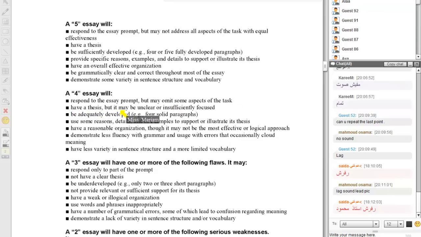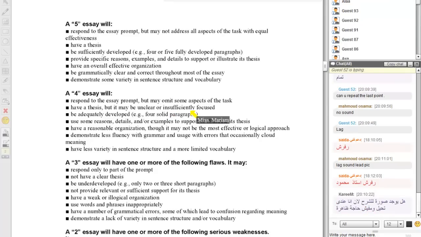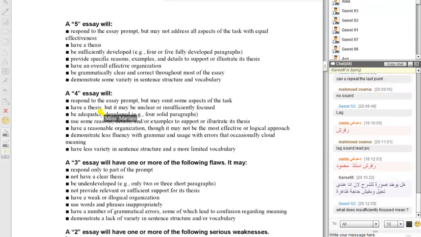They have a thesis, but it may be unclear or insufficiently focused. They have a thesis and they are writing about a main idea, but this idea is not clear enough or insufficiently focused. The writer didn't focus on the main idea.